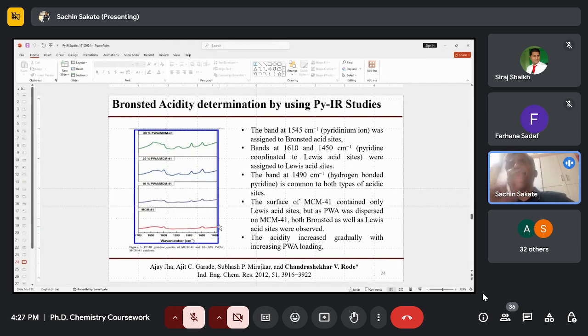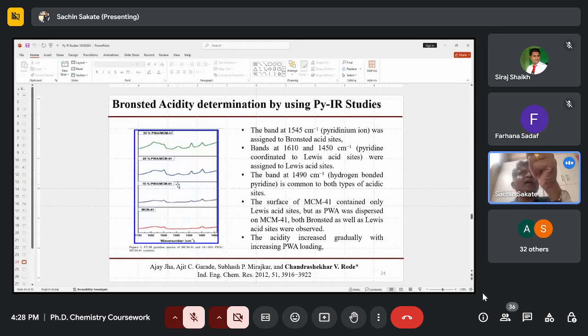So if you see carefully, the peak at 1545 is exactly going on increasing. At 10%, you are seeing just a hump, just a bump showing a peak here.